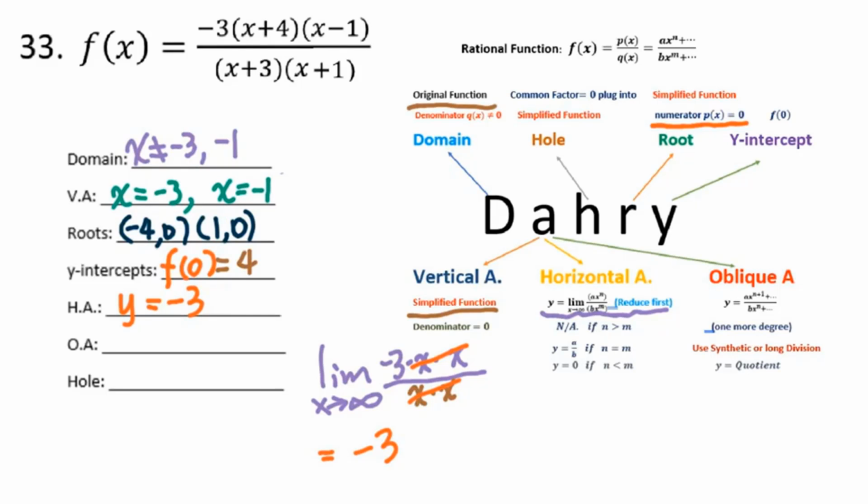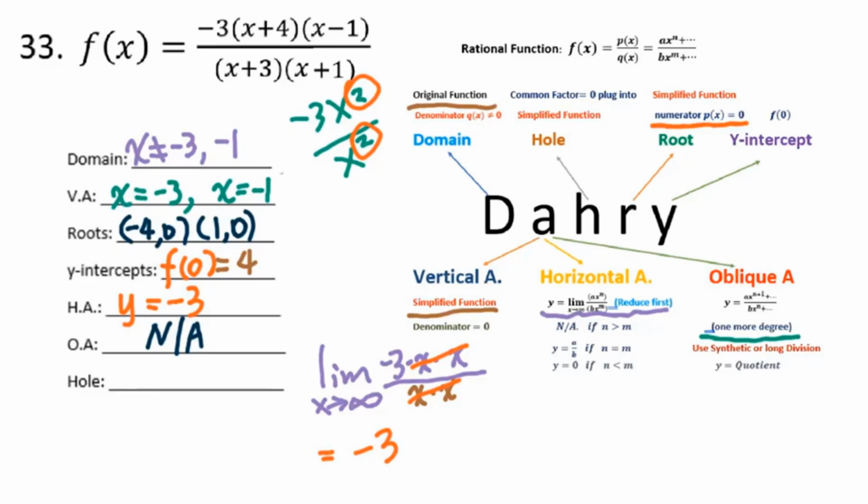Oblique asymptote line keyword is 1 more degree. Since -3x squared over x squared, the exponents are the same, it's not 1 more degree. Therefore, oblique asymptote is not available.